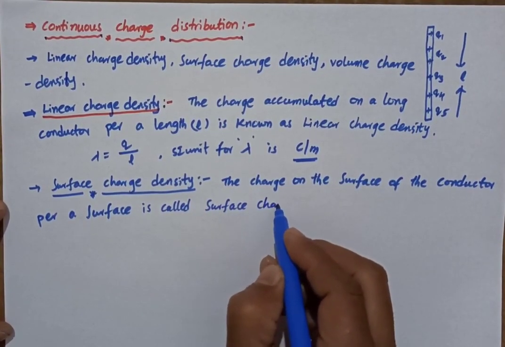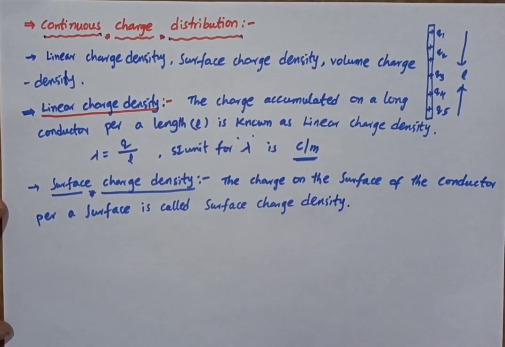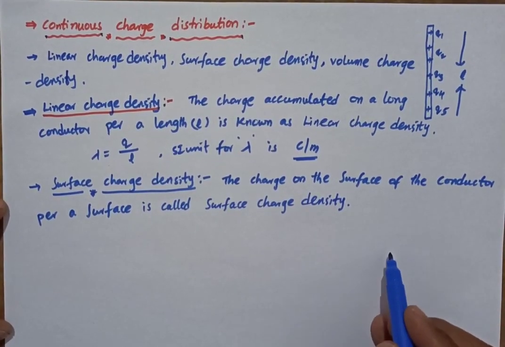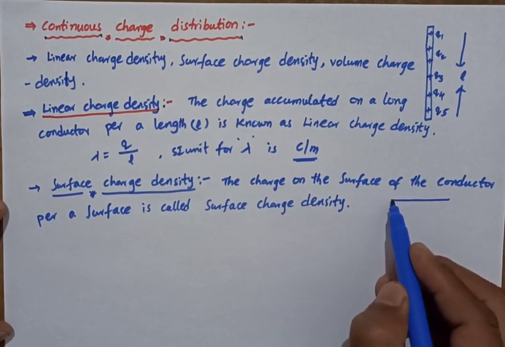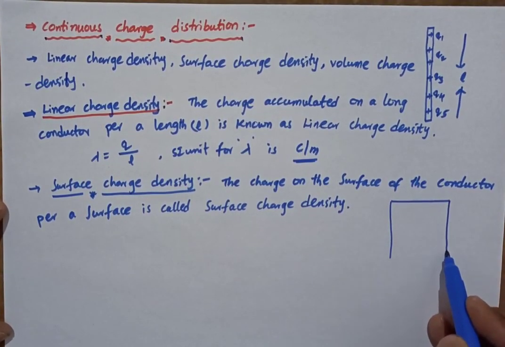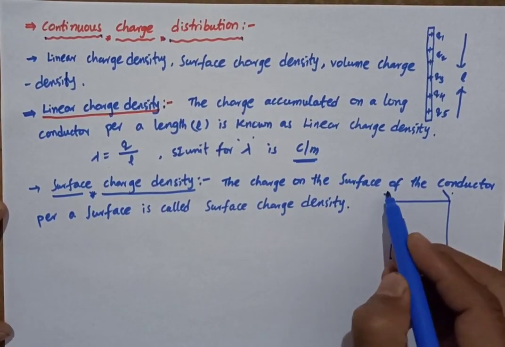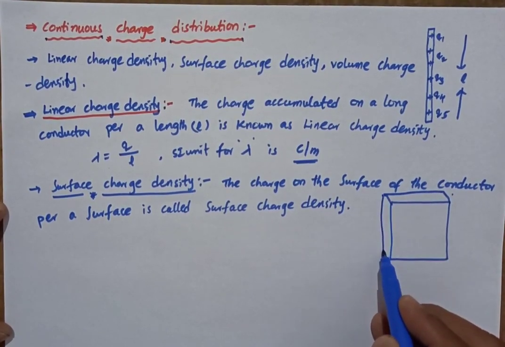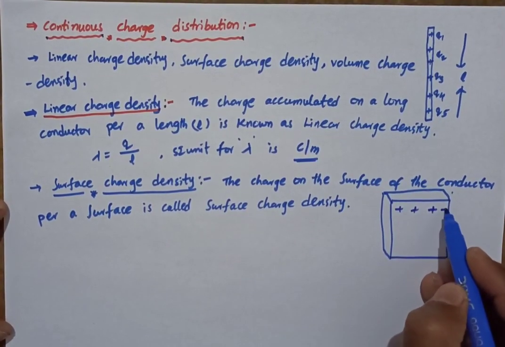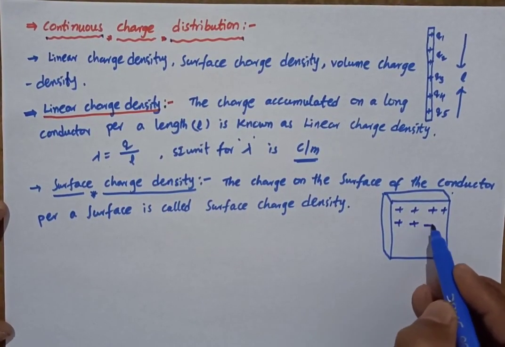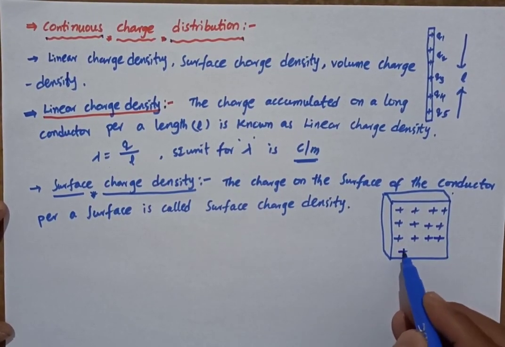For example, we consider a cylinder. Or for example, we consider a plate. This is a conducting plate, and it has accumulated positive charge. The macroscopic charge is plus q.